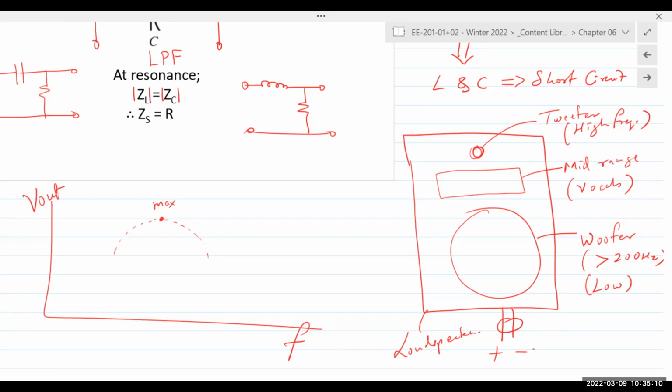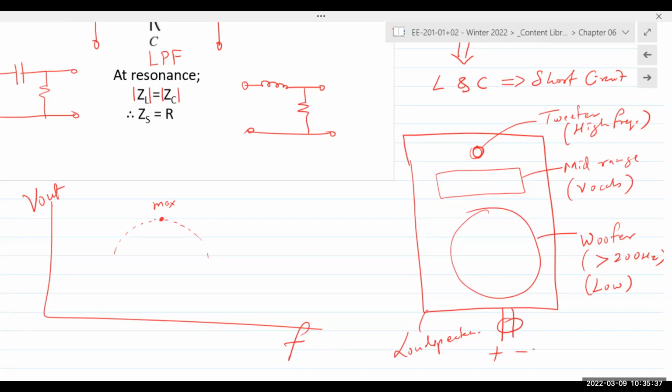Even a really cheap computer speaker, whether or not it's two-way, makes it very easy to connect a filter in there. I've seen speakers which have an RC, a resistor and a capacitor, without a circuit board. It's simply two components twisted together, with the wire connected at both ends, going into the speaker. No circuit board required.